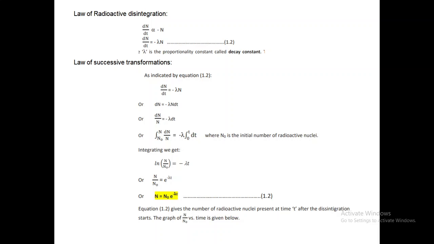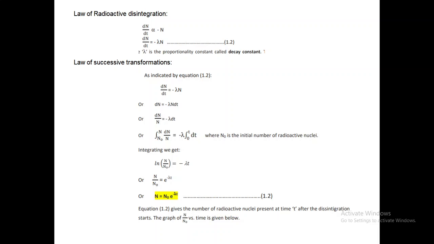The process of radioactive decay does not cease with the formation of the daughter, but extends over many generations until a stable end product is reached. So, as indicated by the previous equation 1.2, dN/dt is equal to minus lambda N. Therefore, dN is equal to minus lambda N dt, or dN/N is equal to minus lambda dt.